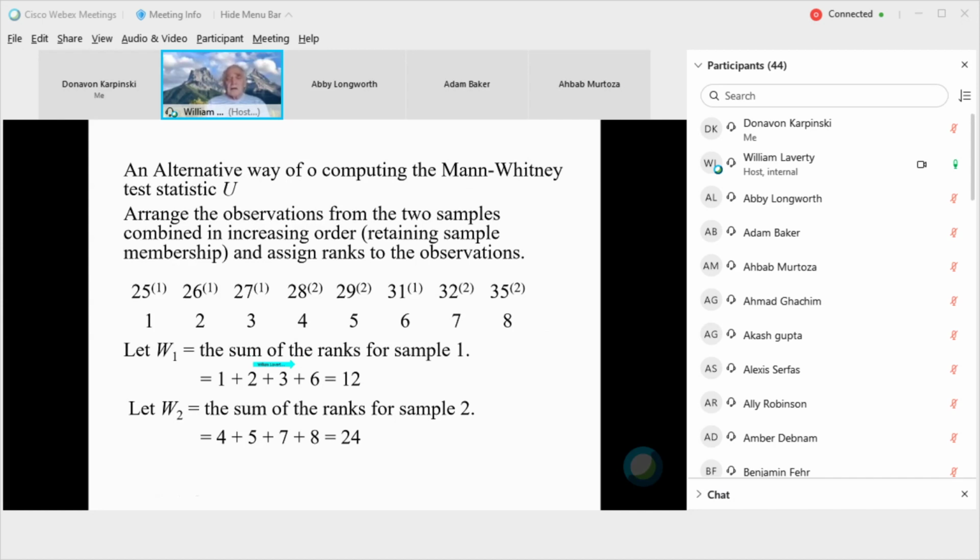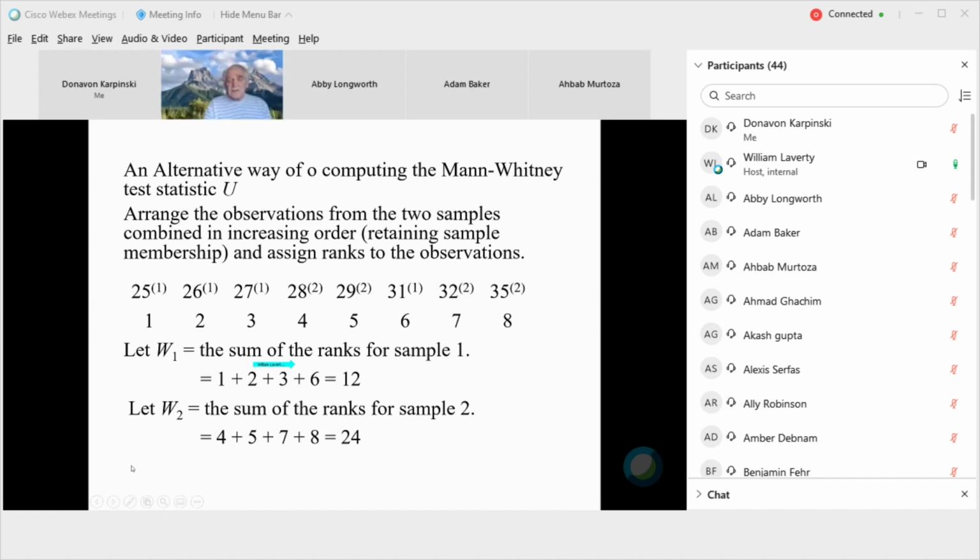An alternative way of computing the Mann-Whitney statistic. Arrange the observations in the 2 samples combined in increasing order. Assign ranks from the smallest up to the largest. The sum of the ranks for sample 1, in this case, would be 1 plus 2 plus 3 plus 6.